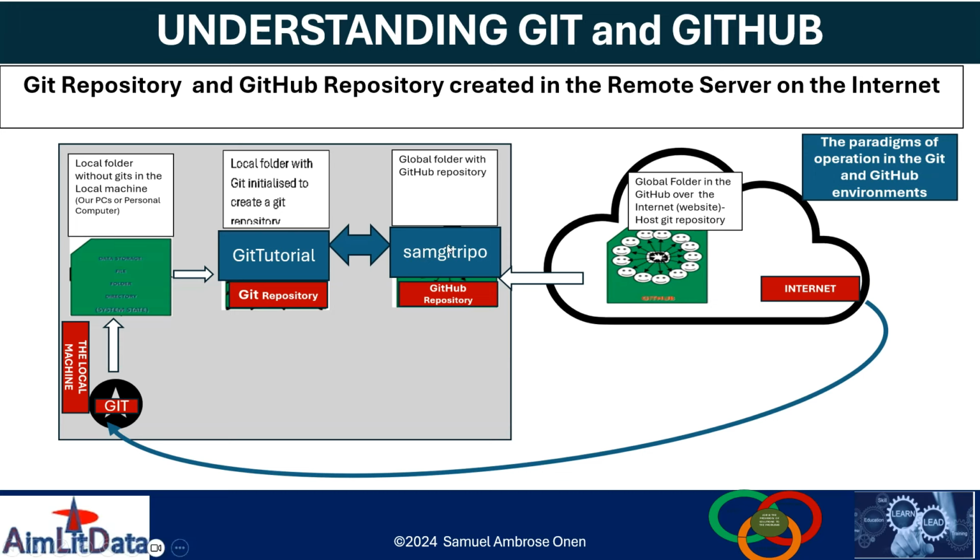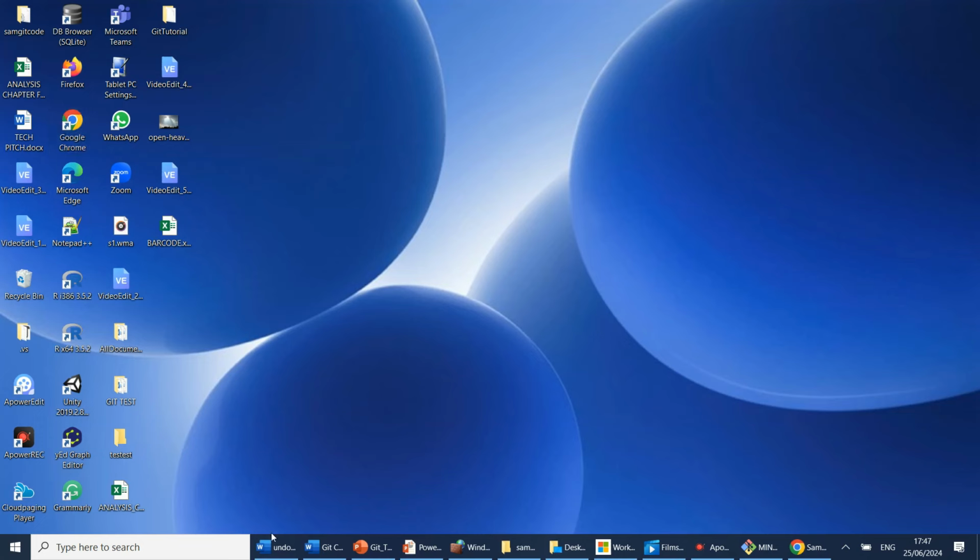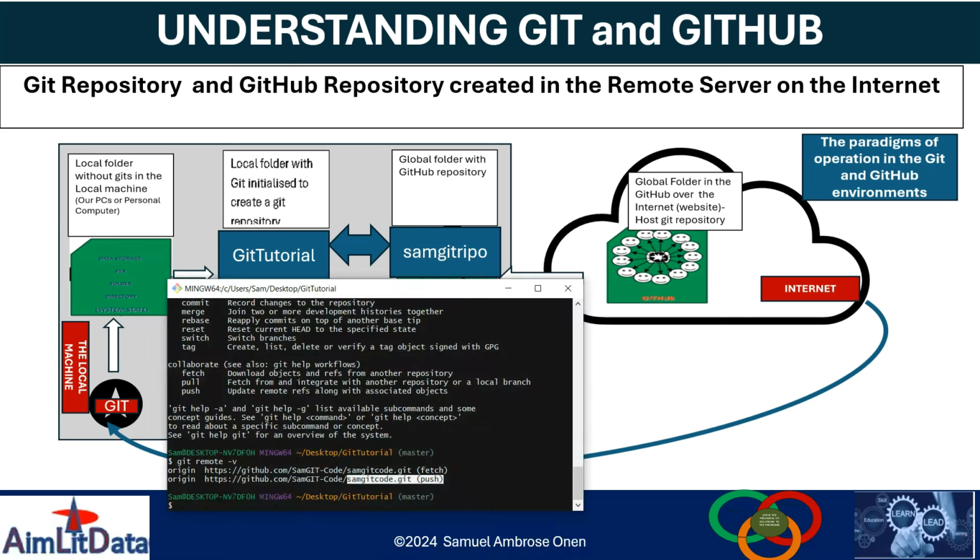One is to create a direct link to the GitHub repository via the URL account, and then we link it straight to our local repositories. Another way is to clone. I've done the cloning already, as we can check from here.